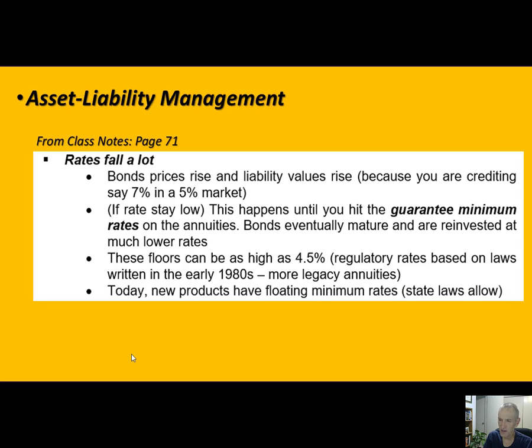When interest rates have fallen a lot and have stayed down, they're now having to pay a guaranteed minimum that's pretty high. Now, in the 1980s, the guaranteed minimums required by state law were as high as 4.5% because state regulators in the late 70s said, oh, interest rates will never get below 5-6% again. So you should guarantee a minimum of 4.5%. Very short-sighted regulators.